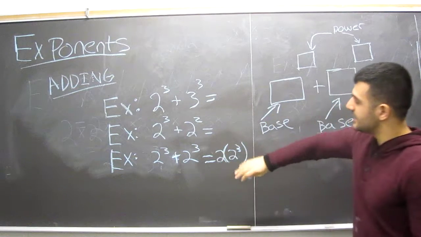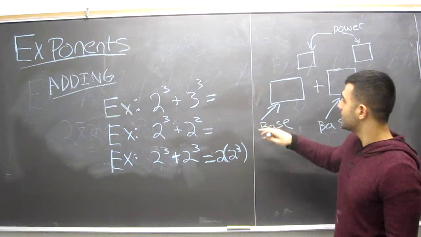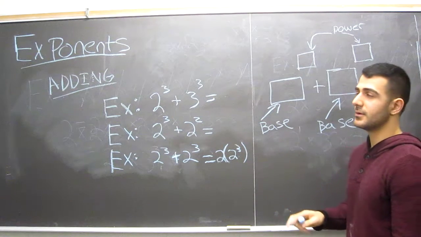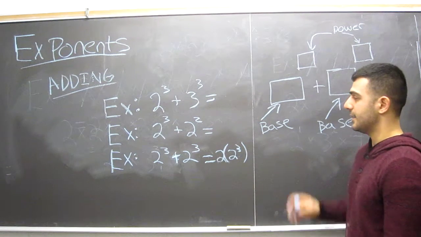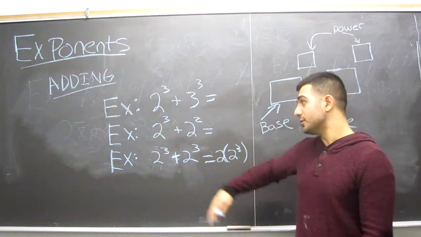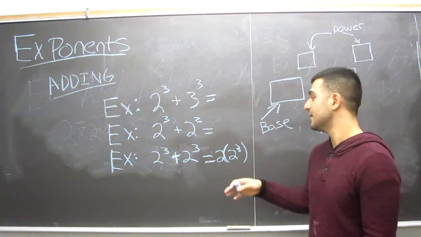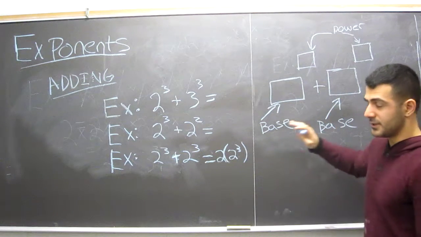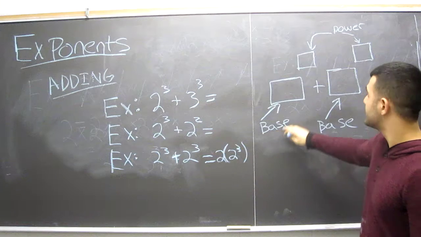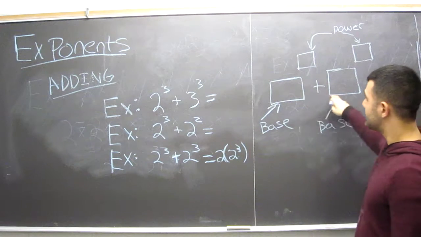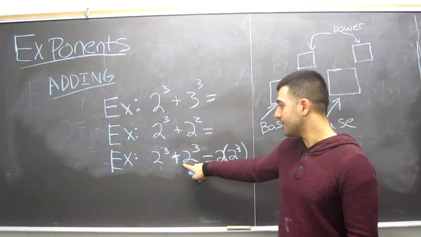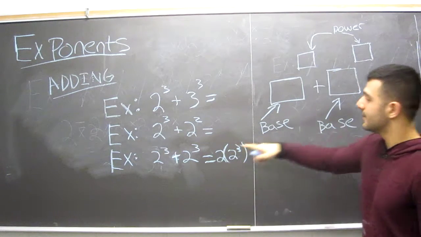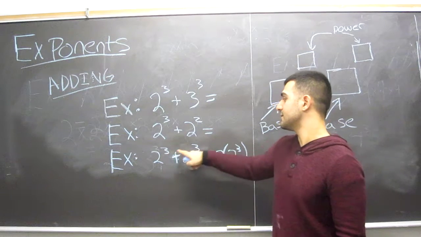So let's see what we learned. We learned that in order to actually add exponentials, you need two things to be true in order to simplify them. In the next couple of videos, we'll do more examples so you actually understand how to do it yourself. But the general way of adding exponentials is that you want the bases to be the same, and we want the powers to be the same.